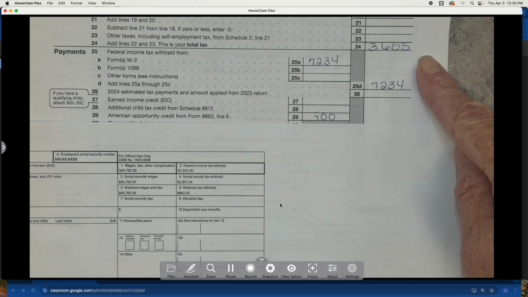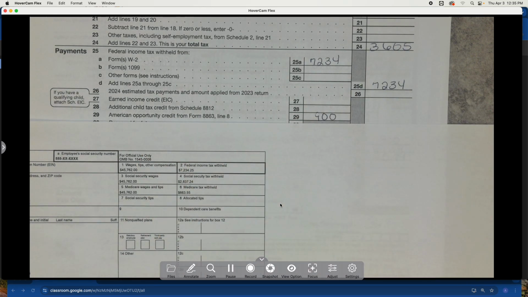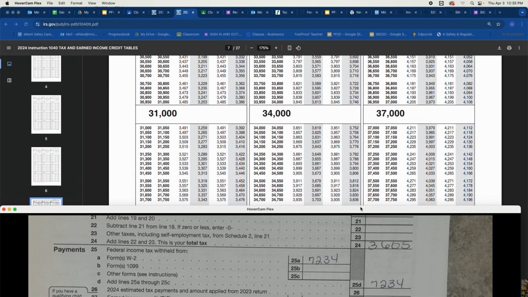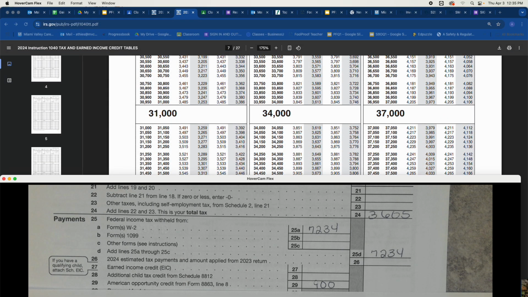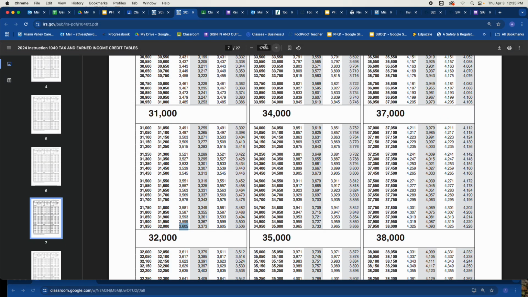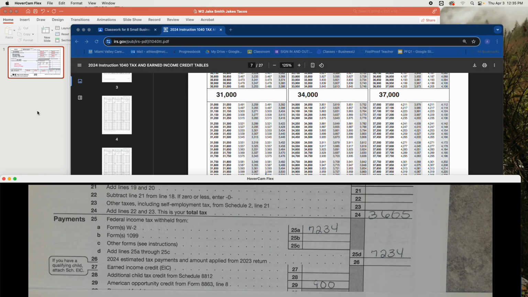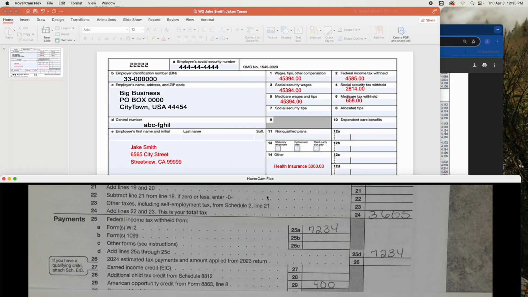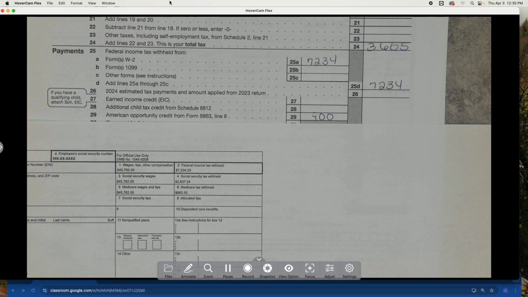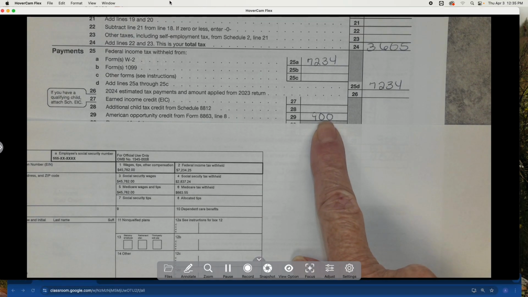Now we did have an American Opportunity Credit. How do I know that? Because that was back here in the Google Classroom in the scenario. I'm not going to pull it up because I don't know where it's at right this second, but it is in the scenario. In the Google Classroom, I do say he had gone to college, and so he does get this $900 credit.